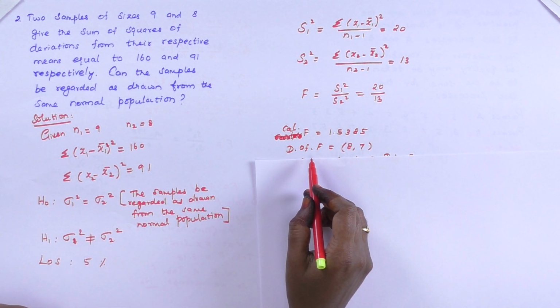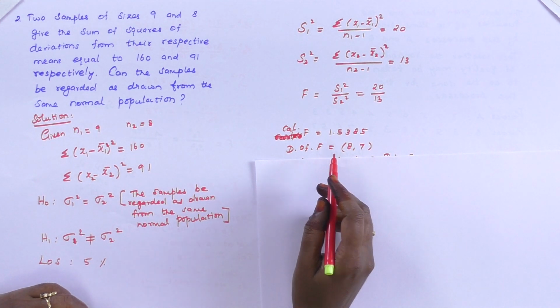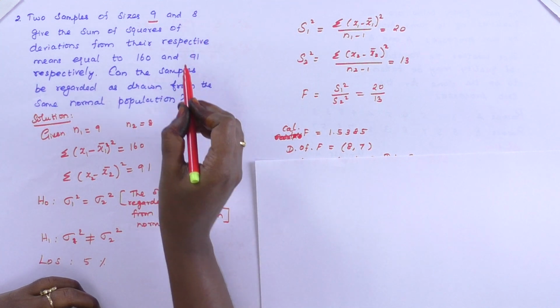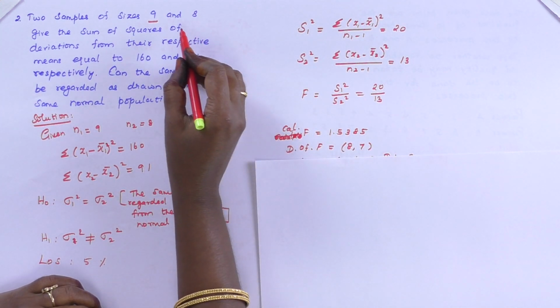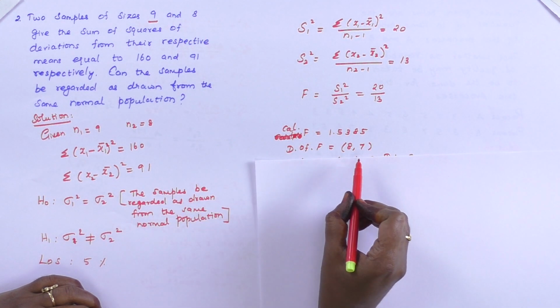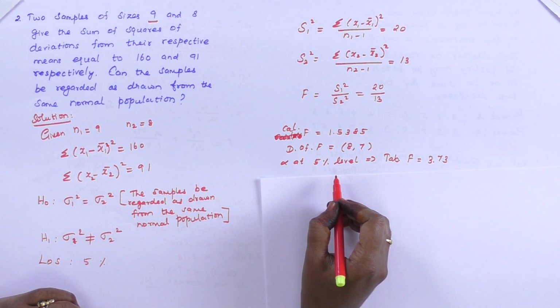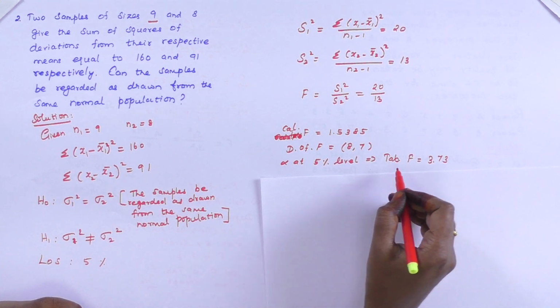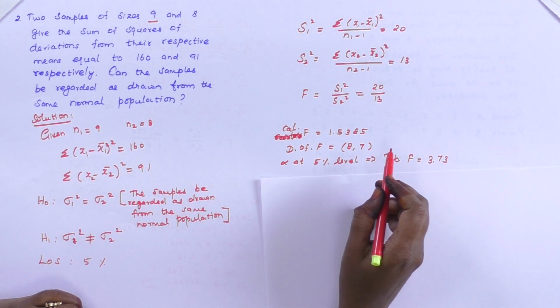Next we want to calculate the degrees of freedom. Our first sample size is 9, therefore the corresponding degrees of freedom is 9 minus 1, 8. Our second sample size is 8, and the corresponding degrees of freedom is 7. Okay, next, at the 5% level of significance, the tabulated value of F is 3.73 for degrees of freedom 8, 7.